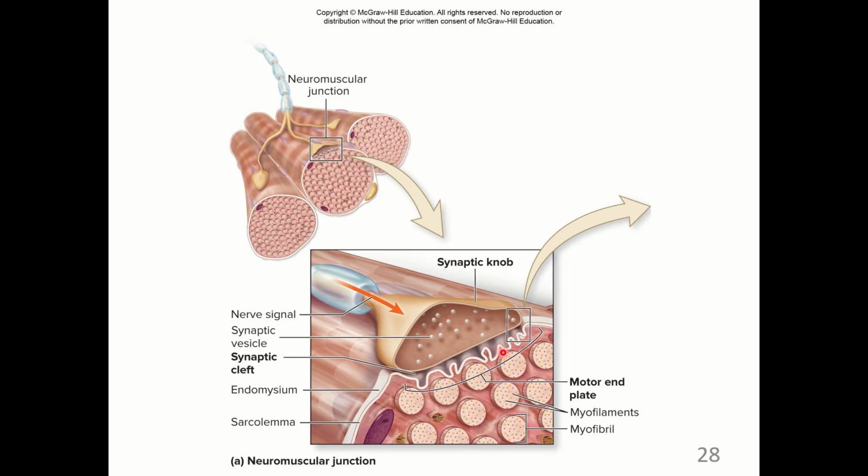You can see here that it's got undulations. And then the synaptic cleft is the space between the synaptic knob and the motor end plate. The neuromuscular junction generally occurs in the center of a muscle fiber.